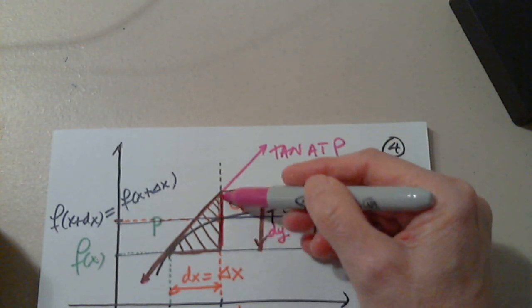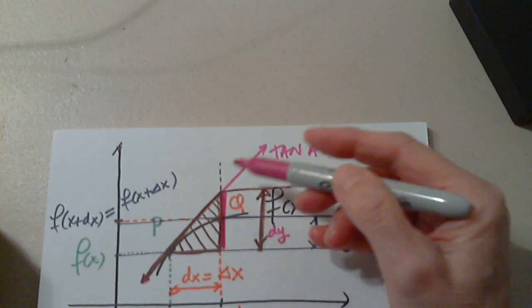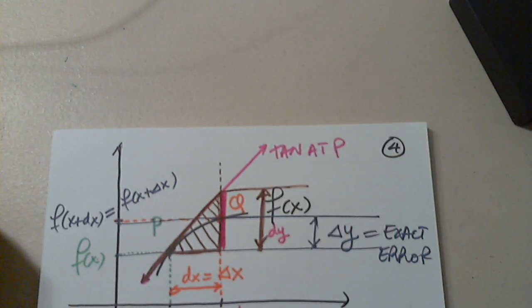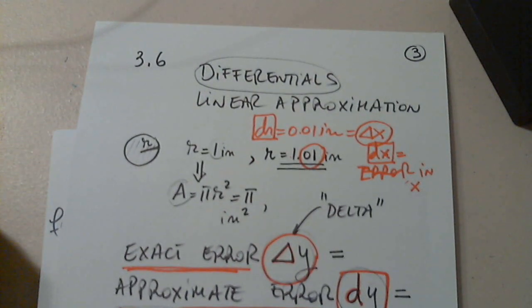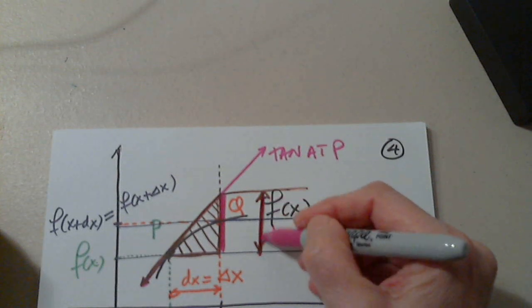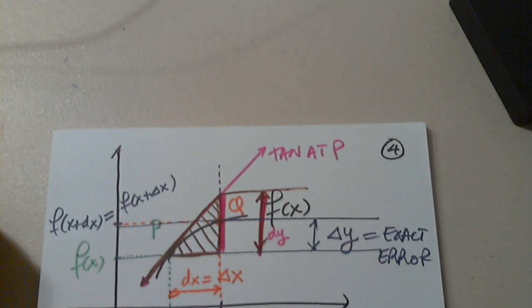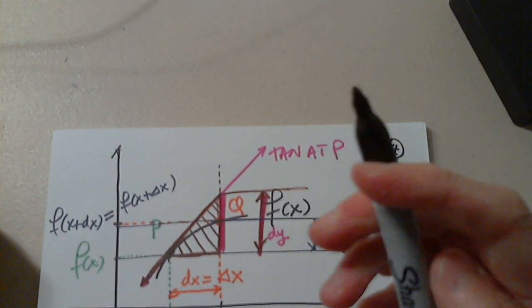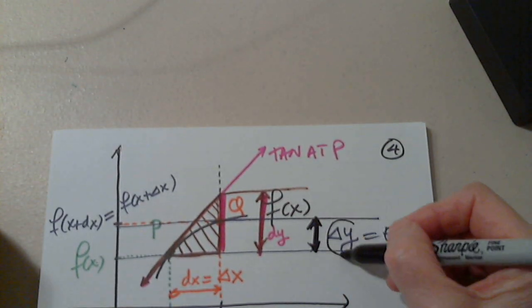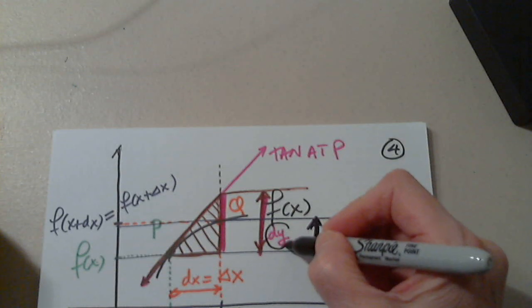This is dy. dy, we know what it means. dy is the approximate error, the differential of y. Okay? So this is dy, and this is delta y. This is the exact, and this is the approximate.